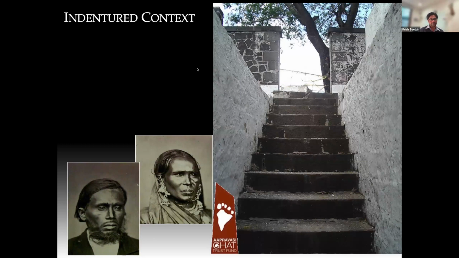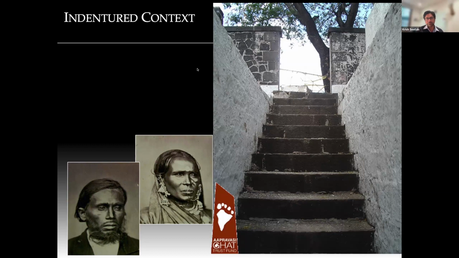We're very fortunate to have good historical research from this period. And the Aapravasi Ghat Trust Fund was, in fact, the island's first World Heritage Site. And these steps actually commemorate that moment where the great experiment was undertaken. And the first indentured laborers at Aapravasi Ghat went up these steps to commence their new life.